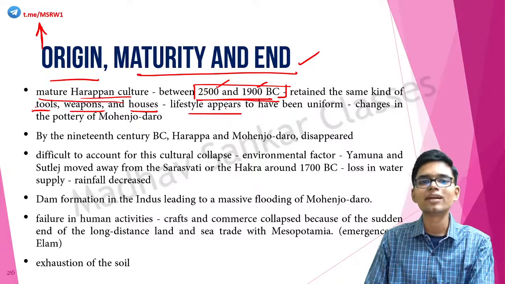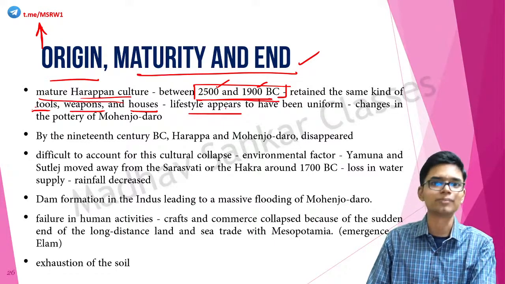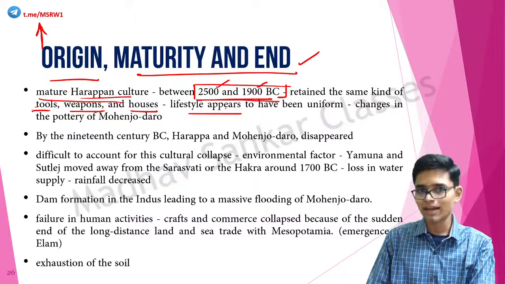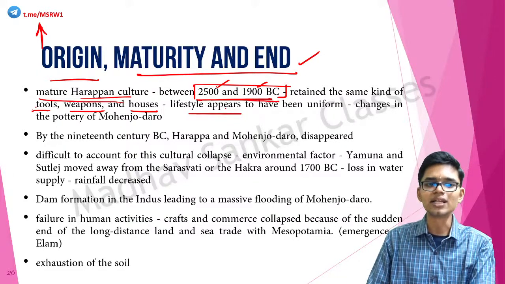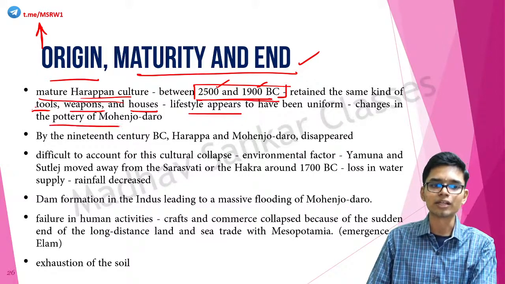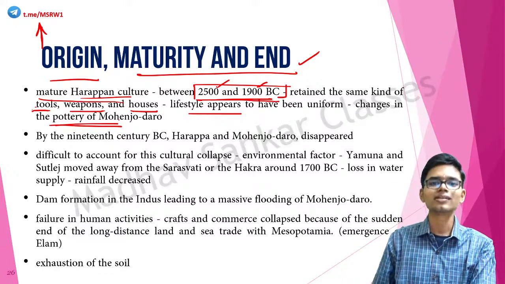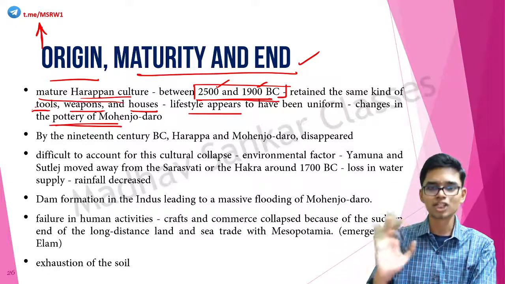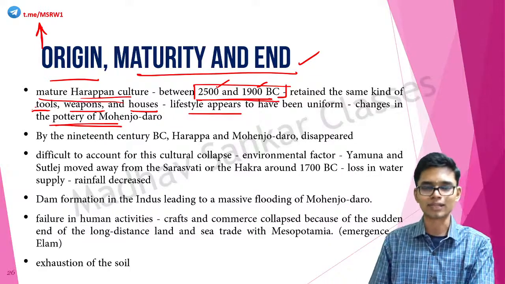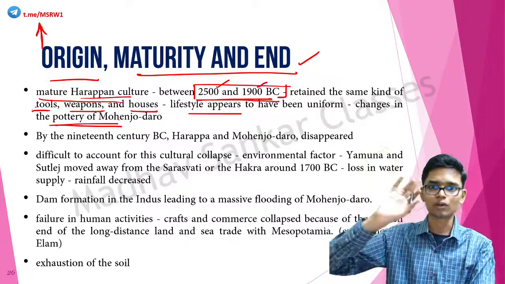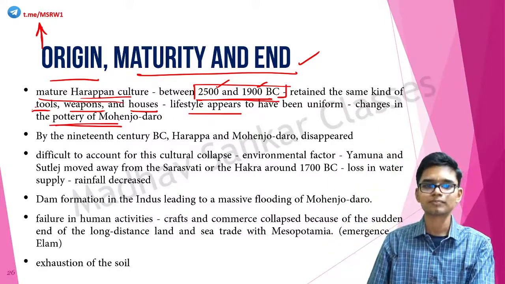Almost everything remained very much similar throughout this period. There have been changes only in certain fields, especially in pottery. In pottery, we find some changes over time, but otherwise, there has been this homogeneity throughout Harappan society in the peak or mature time of Harappa. By Harappa, I mean Indus Valley civilization.